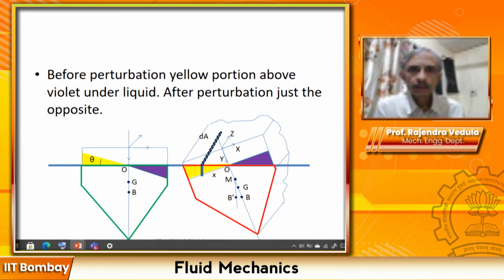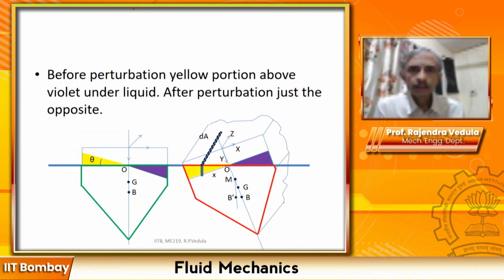In this particular case, let me just say you have got this, and this is my submerged thing. Remember, I said that there is the wetted perimeter here. This is the body. This is the wetted perimeter. What you see in the dotted line is the wetted perimeter. And when I'm going to perturb this, what is the axis about which this rotation is happening?